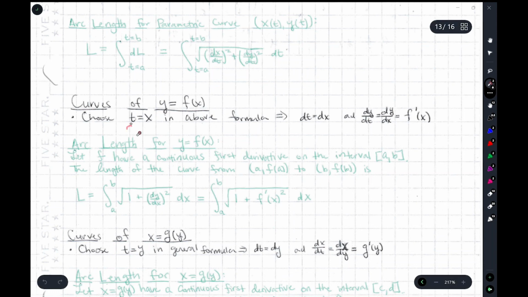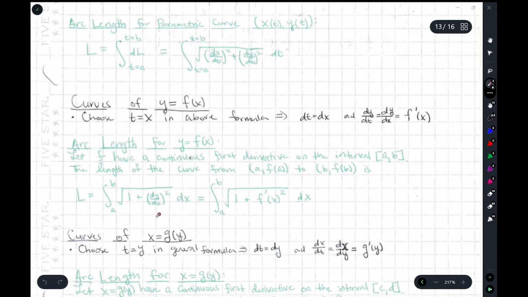Well, all we have to do is look at that formula there and just take t to equal x. In other words, we are parameterizing x by x, and parameterizing y by x. So both x and y get parameterized by x when we set t equal to x. And dy/dt in this case will be equal to dy/dx, because dt equals dx if t equals x.